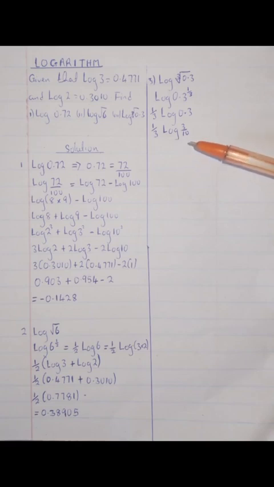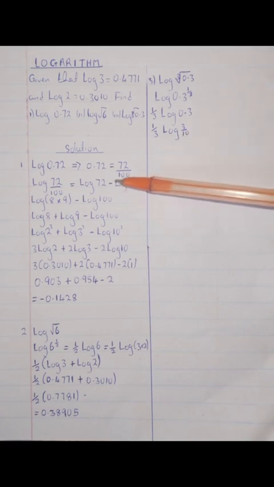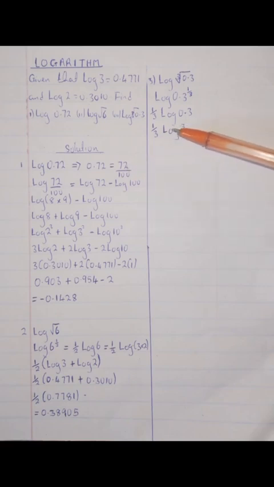Next thing is 3 over 10. Recall the subtraction law of logarithm. If you recall what we did in this first one, following that same procedure for the subtraction law, we'll have 1 over 3 log what? Log 3 minus log 10. Why did I say log 3 minus log 10 when we have division here?